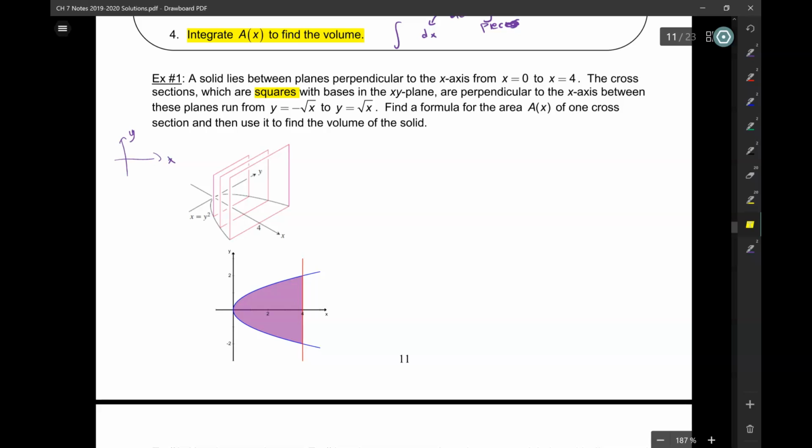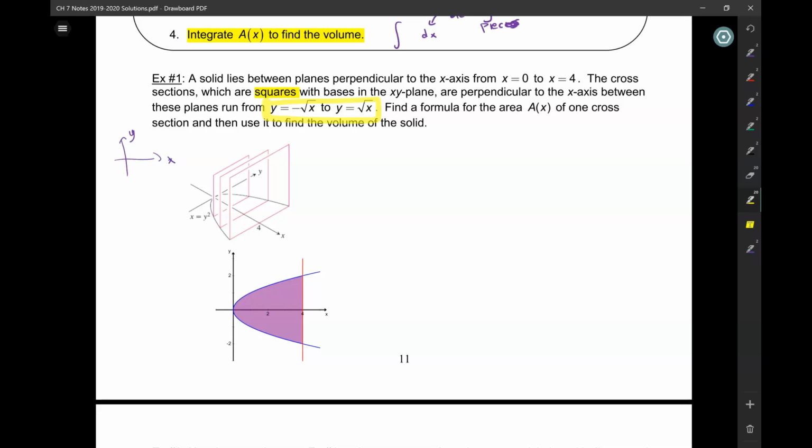The cross sections, which are squares with bases in the xy plane, are perpendicular to the x-axis, and they run from y equals negative x to y equals positive root x, okay? Find the formula for the area of one of the cross sections, and then use it to find the volume of the solid.